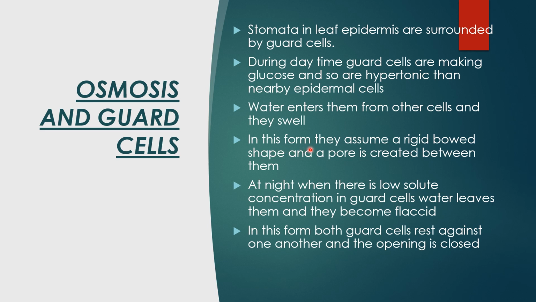In this form, they assume a rigid board shape and a pore is created between them. At night, when there is low solute concentration in guard cells, water leaves them and they become flaccid. In this form, both guard cells rest against one another and the opening is closed.